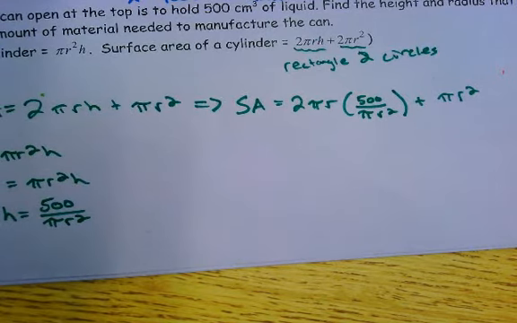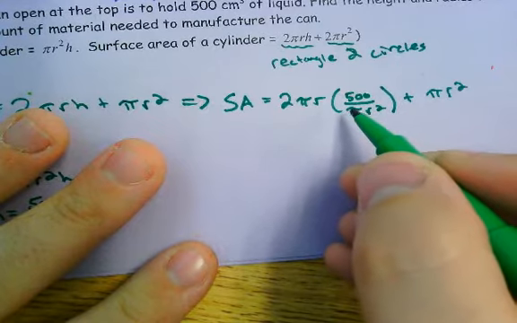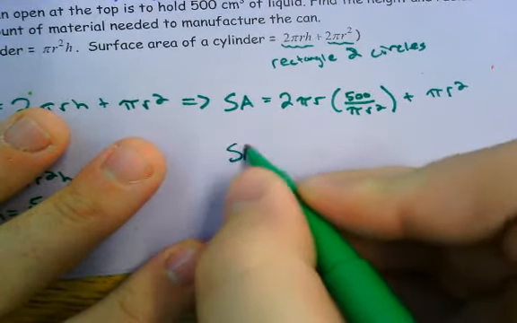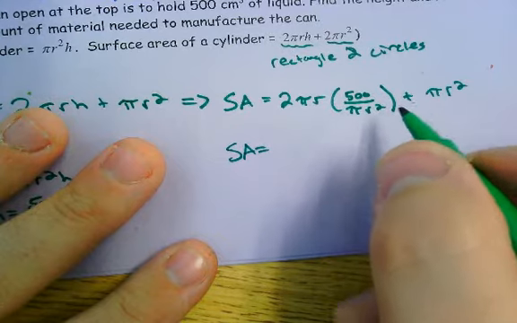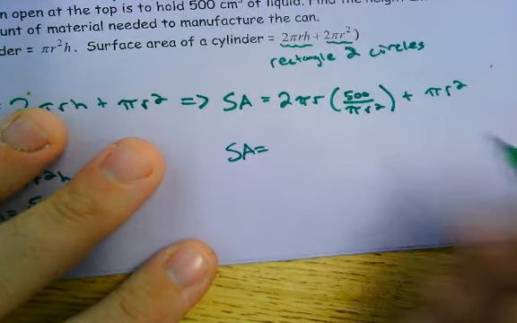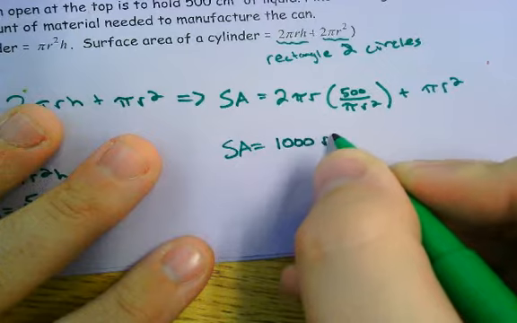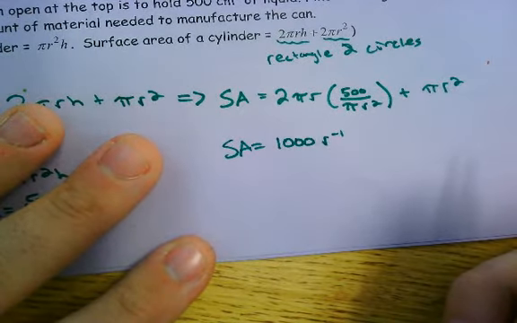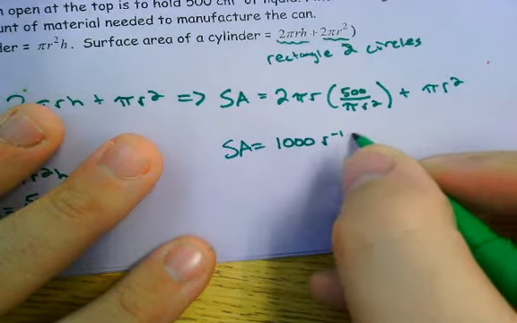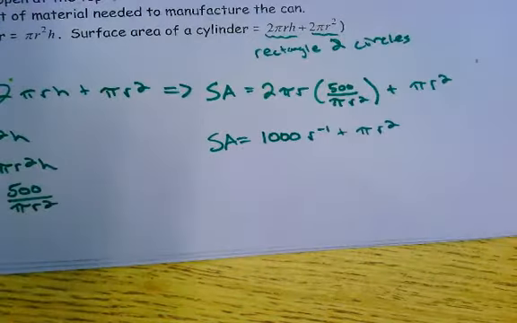The answer is yes. These pi's cancel out. You agree? And this r in the bottom is going to turn into r to the negative 1. So I'm going to get 1,000 r to the negative 1 plus pi r squared.